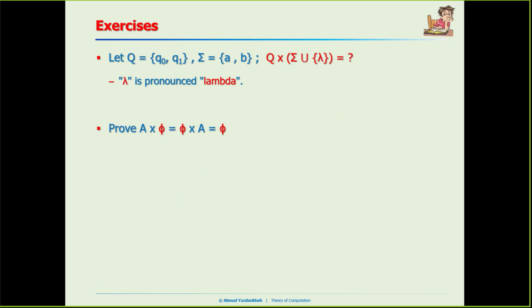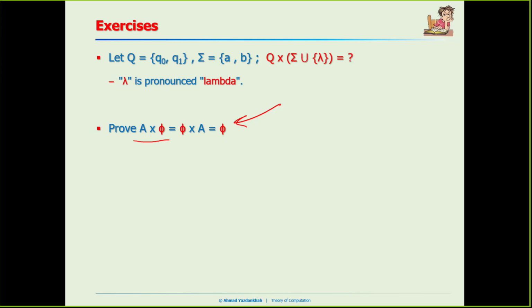Another exercise, I ask you to prove this. How can you prove this? Let me give you a hint. You need to write that set builder definition for this, and based on whatever I said in the previous lecture, quickly you can prove this.